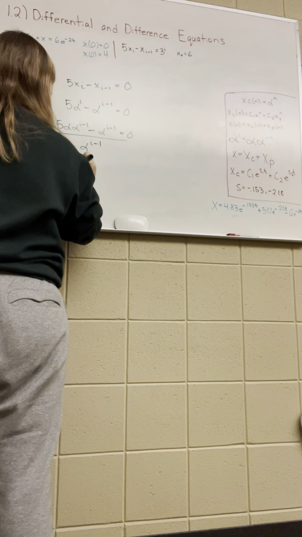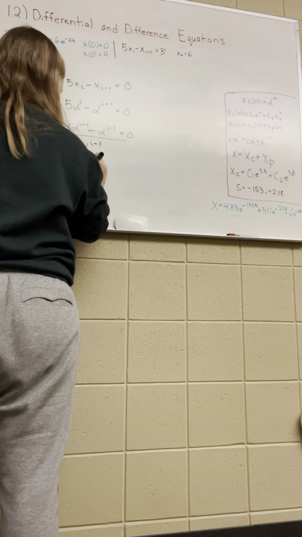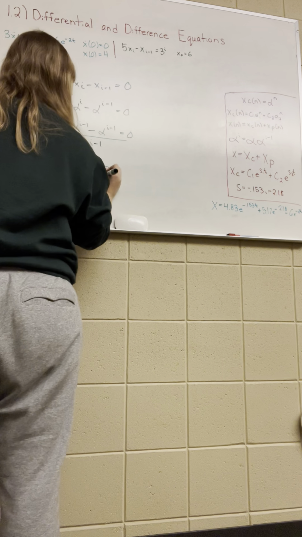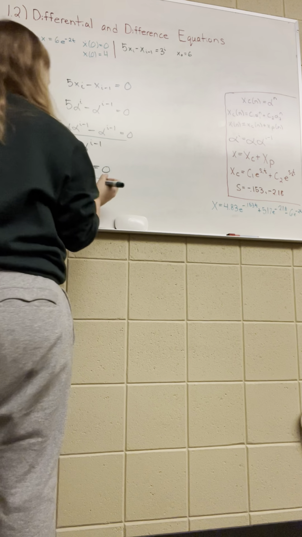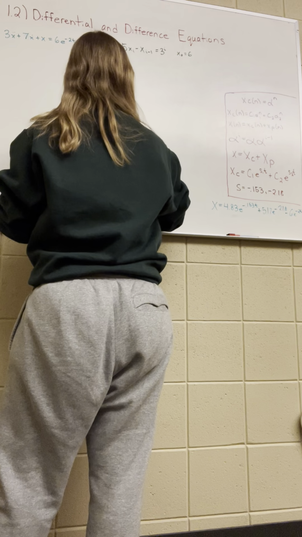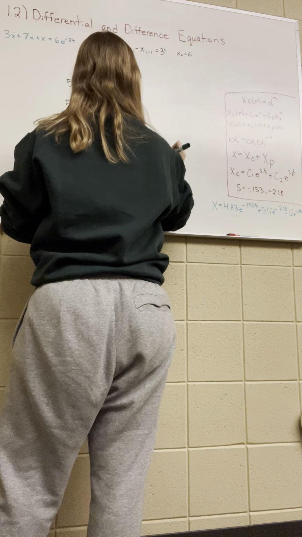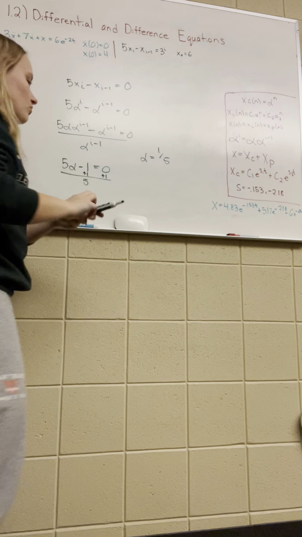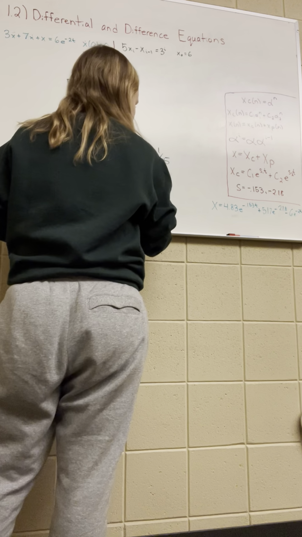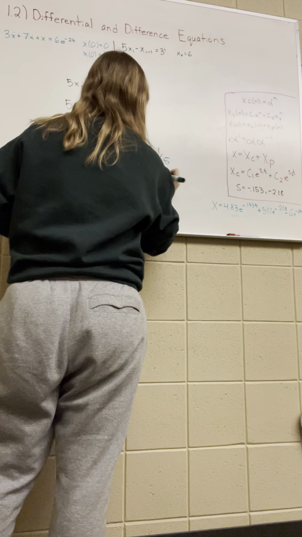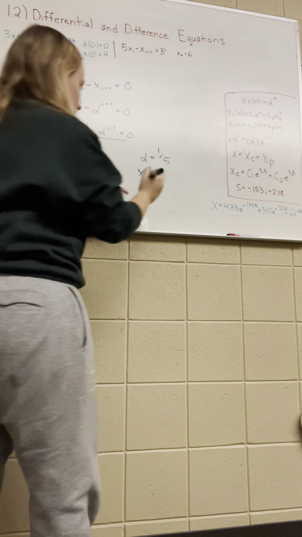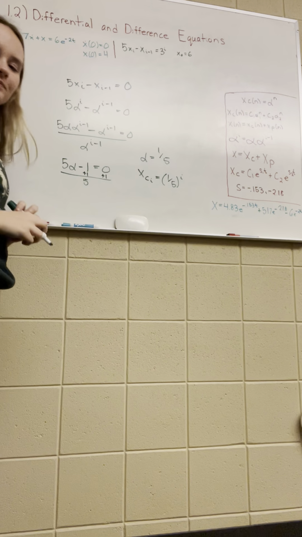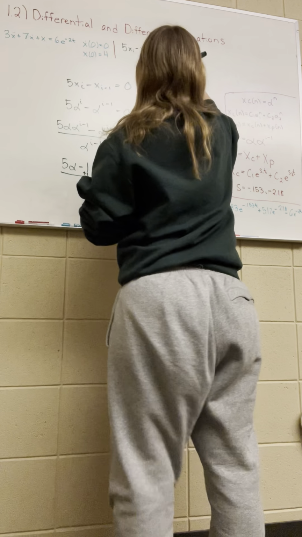This will give us 5 alpha minus 1 equals 0. And we will add 1 and then divide by 5, and alpha is going to equal 1 over 5. There's all that. Which also means that x_c of i is going to equal 1 over 5 to the i power. So I'll write these up here.